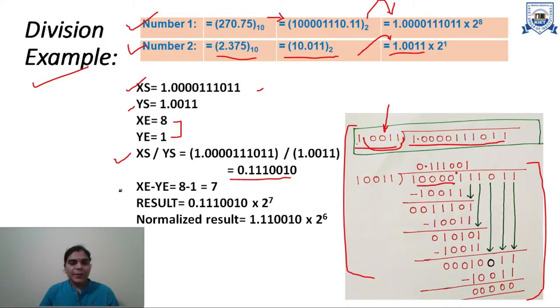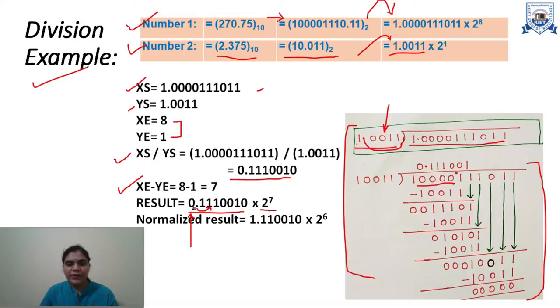Now the exponent values will be subtracted and the result will be this. This is the mantissa part of the result and this is the exponent part of the result. Now as you can see, this number is not in normalized form. So we will normalize the result, and for this we will shift this binary point to this position.